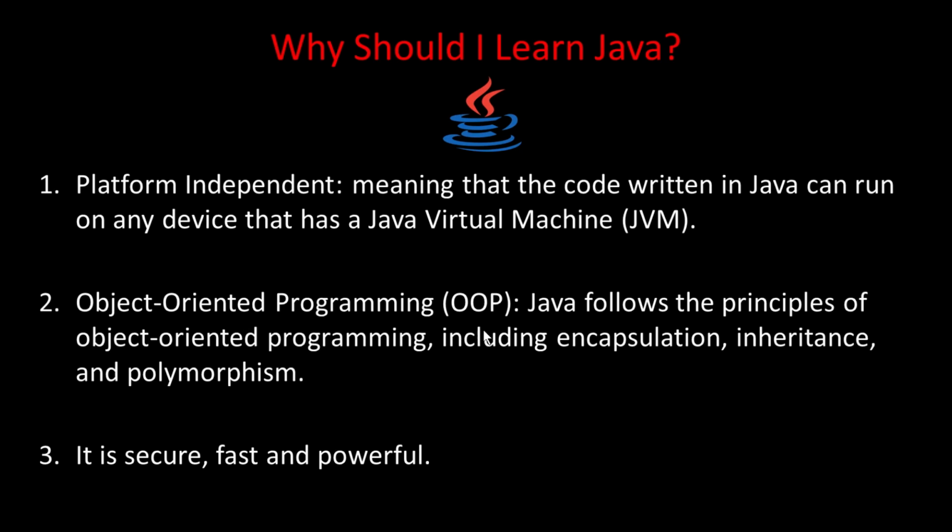Java follows the principles of object-oriented programming, including encapsulation, inheritance, and polymorphism. Number three, it is secure, fast, and powerful. Honestly speaking, not to exaggerate, but Java is one of the most secured high-level programming languages we have.